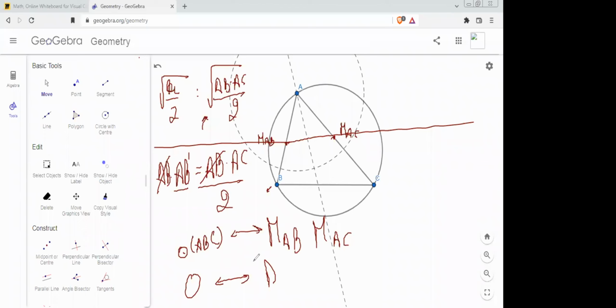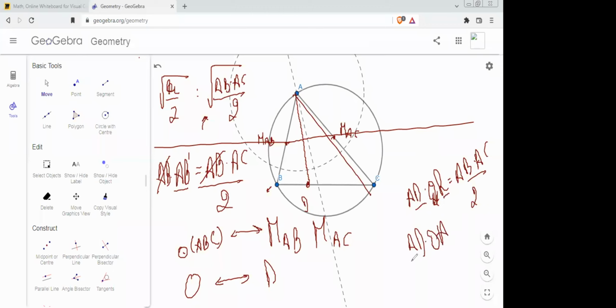Because in root BC, it was the foot of altitude going to the antipode. So we had that AD into 2R equals AB into AC. So if we just take this to here, AD into R is just OA.